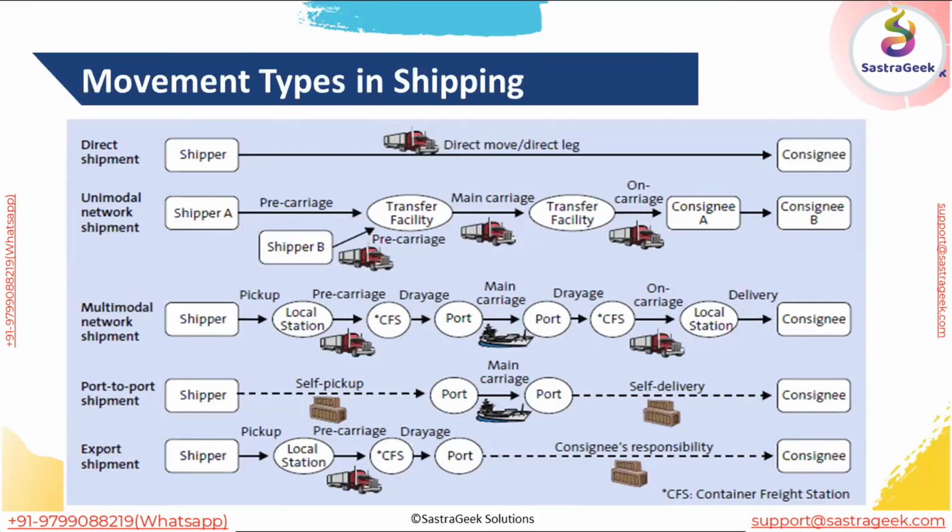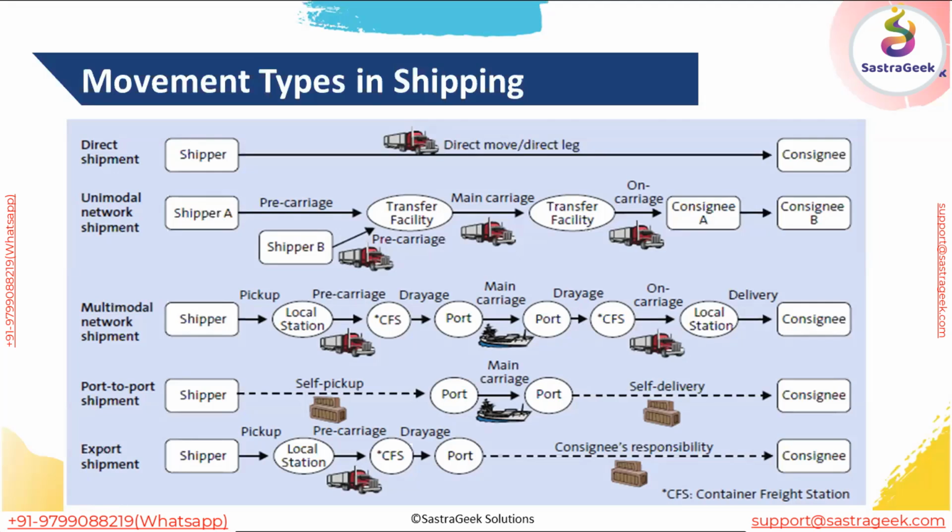And then coming to port shipments. Here, if you see, the arrows have changed from a straight line to a dotted line. That signifies that in a port to port scenario, only your main leg is regarded, that is the only concern for the carrier.